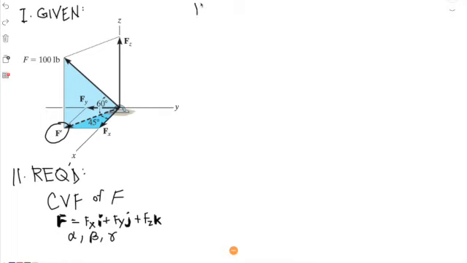For our solution, going back again, we need to identify first and name the resultant in the xy plane, and we already called it F prime.